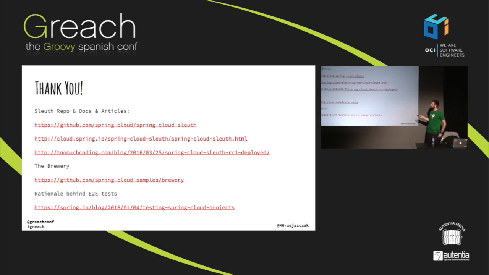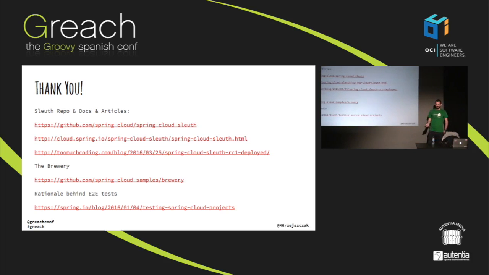Okay, so here you have the links to the GitHub project with Sloof. Here you have the documentation of Sloof, and this is my blog post about the recent deployment of Sloof. Here you have the brewery sample, where you have, I think, quite a good documentation about how to run the examples.